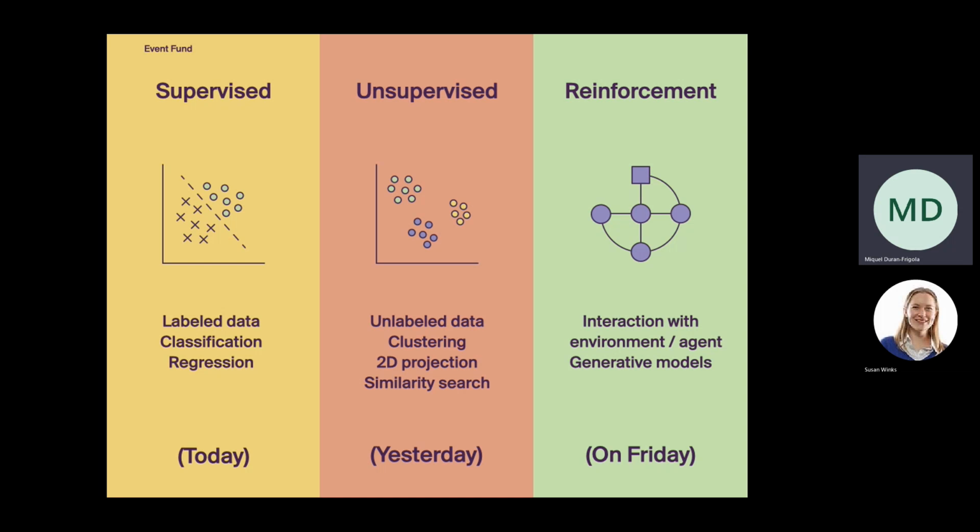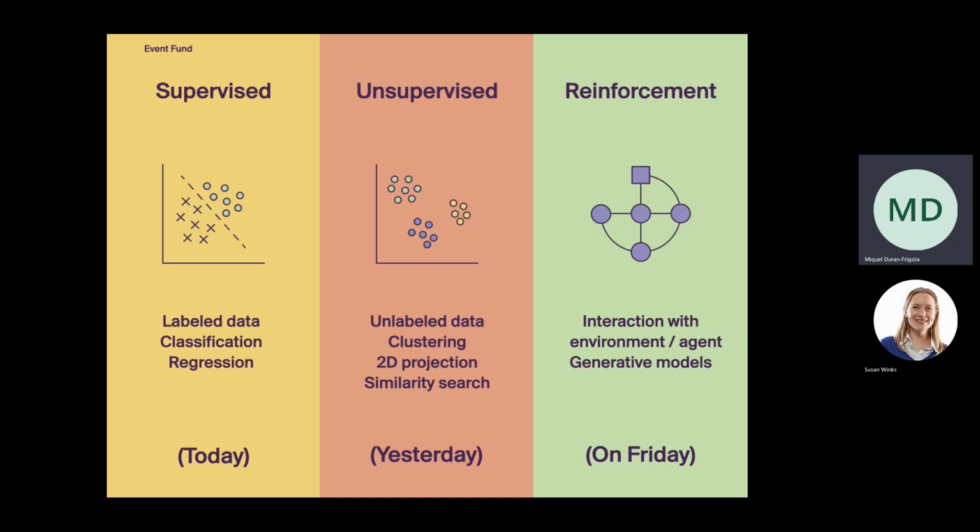Similarity searches also fall within this category of unsupervised machine learning. Why do we call them unsupervised? Because you don't need information about the activity of those compounds to obtain clusters or projections. The only thing you need is the structure of the compounds.